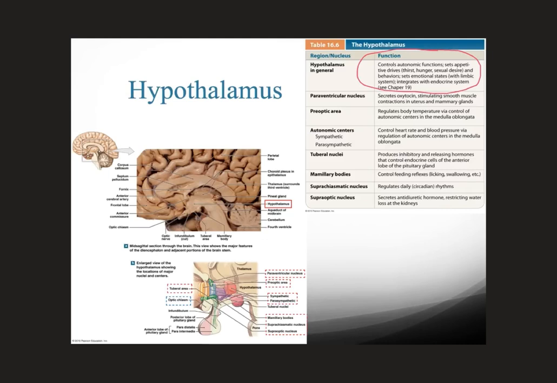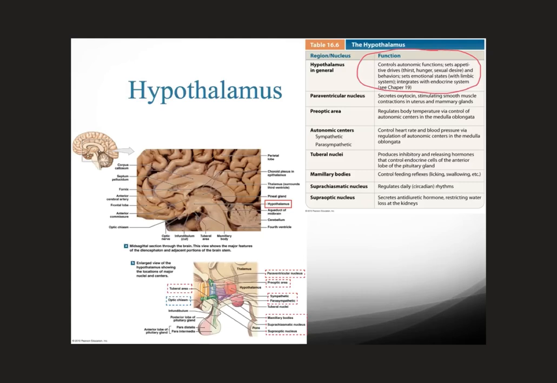It's going to secrete lots of different types of hormones, and we don't cover the endocrine chapter, but you should know that the hypothalamus is important for a lot of the main functions, like control of blood pressure, control of heart rate, telling you if you're hungry, if you're thirsty, your sexual desire, things like that.